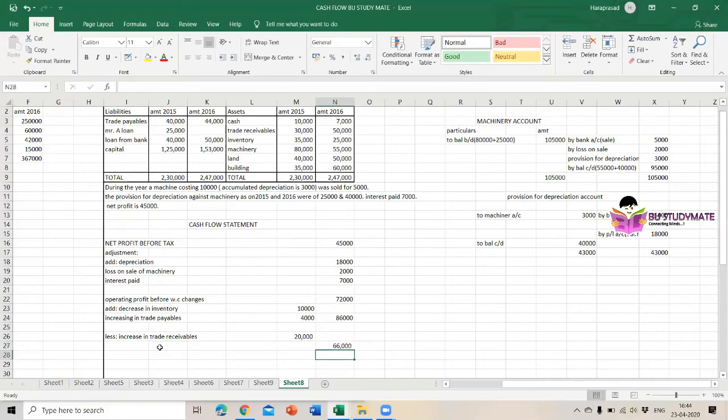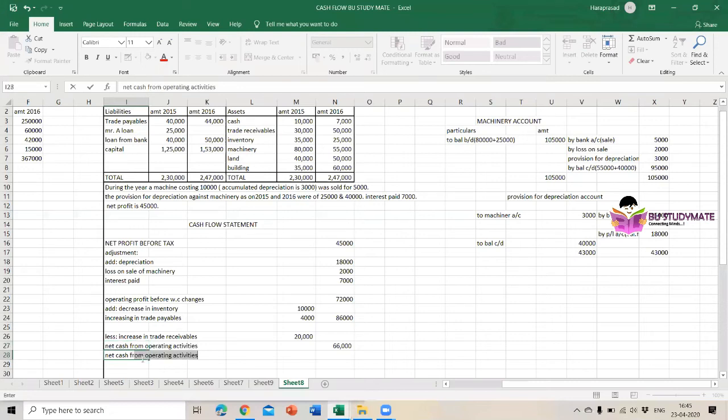This is the net cash from operating activities. Okay, then next one is net cash from investing activities.